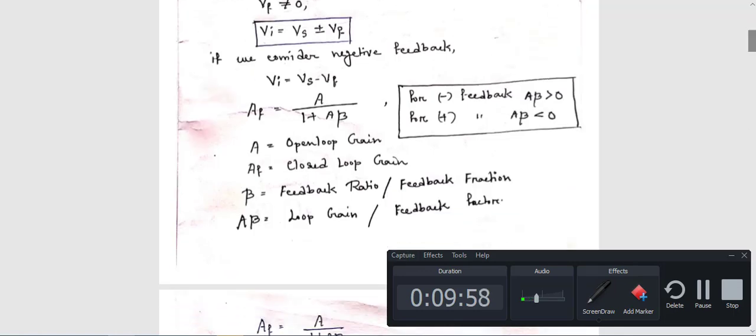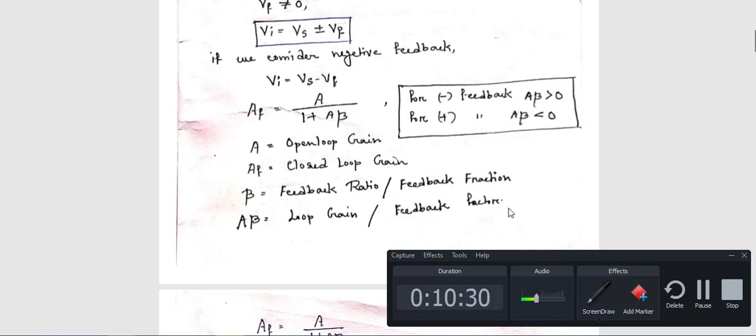The A beta term is known as the loop gain, or feedback factor. Both are the same, while feedback fraction and feedback ratio are denoted only by beta. Got my point?